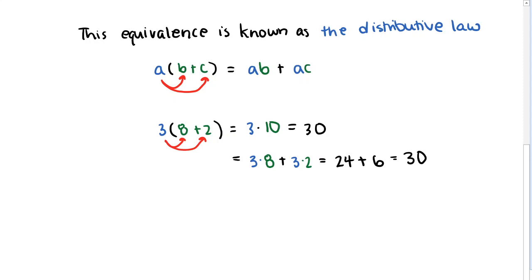Right, so 24 plus 6 is 30. So we get the same result despite evaluating this expression a slightly different way.